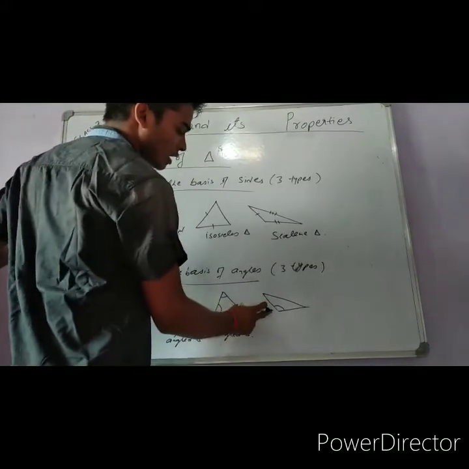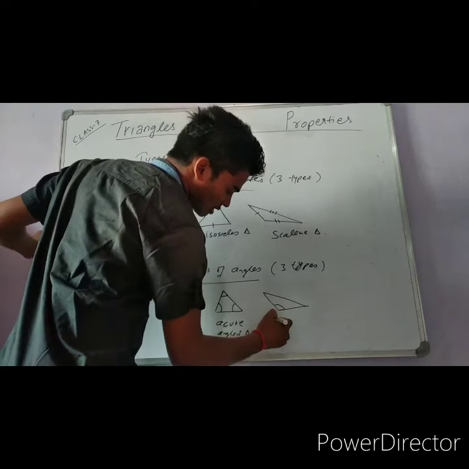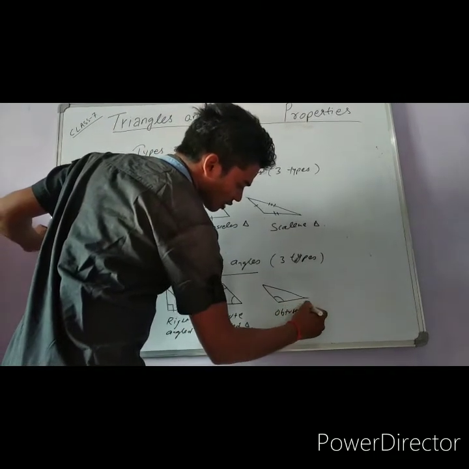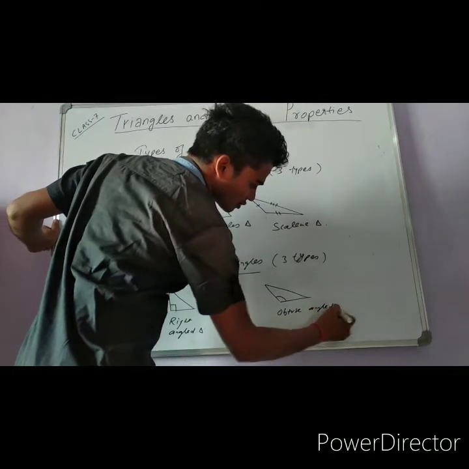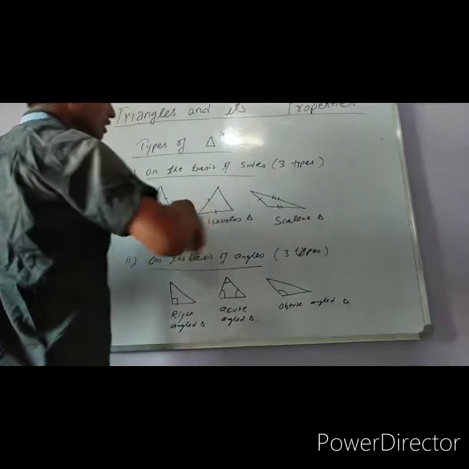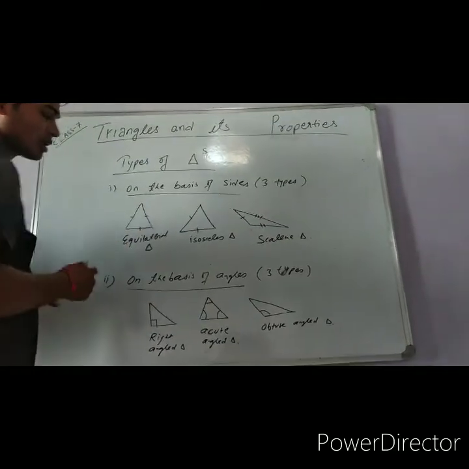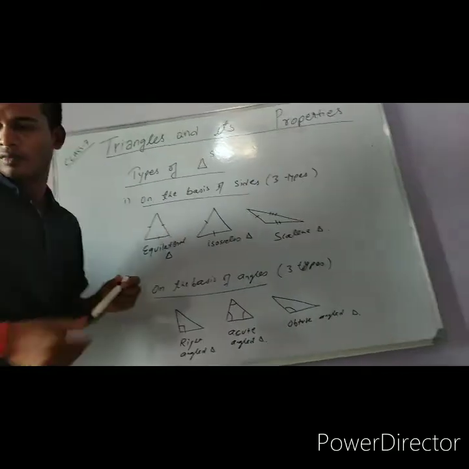And if one of the angles is an obtuse angle, then the triangle is called an obtuse angled triangle. Now these are the types of triangle. On the basis of sides, there are three types, and on the basis of angles, also three types.